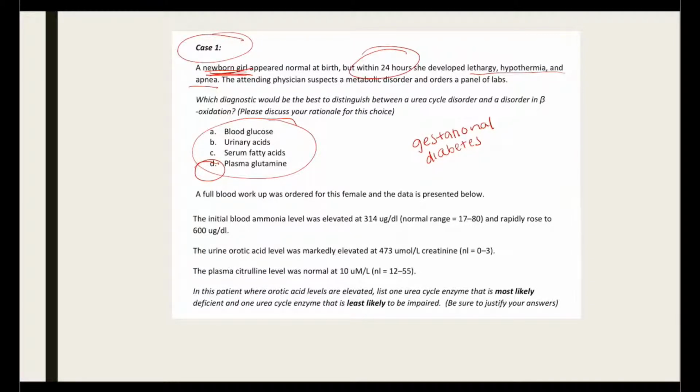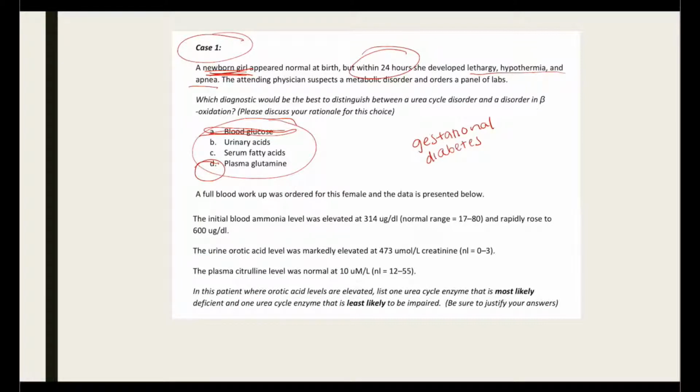And if the mother continues to have increased blood glucose levels despite insulin trying to do its job, the extra glucose will then travel through the placenta and give the baby high blood glucose levels. This is something that this panel would detect, but would not necessarily be due to a defect in beta oxidation. That's why I believe we can cross out the panel for blood glucose.